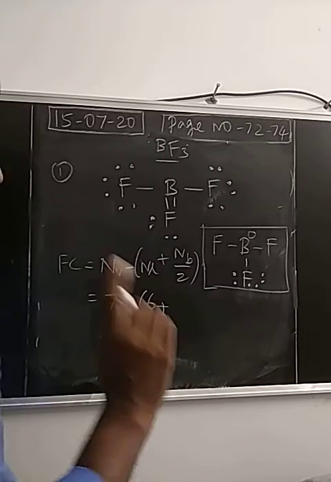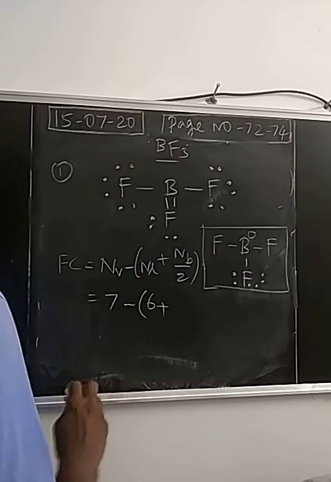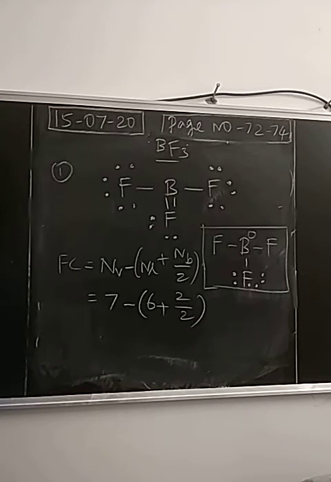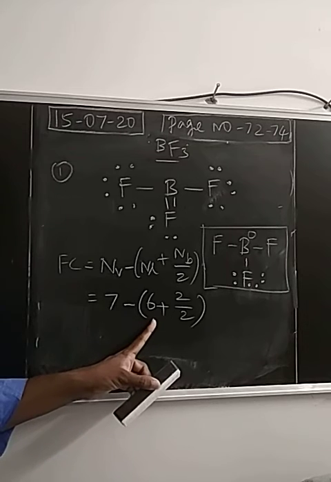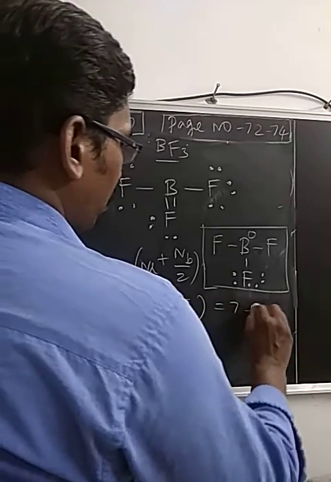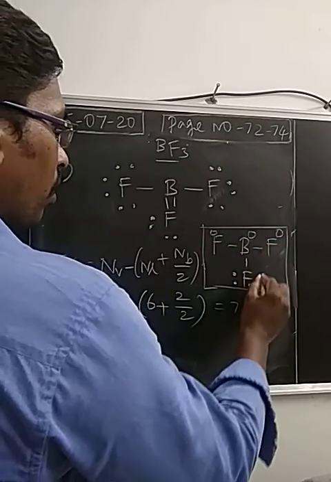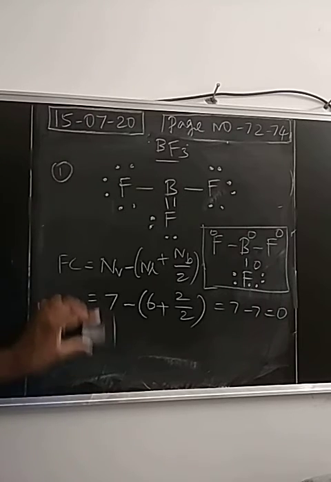Here, only 1 covalent bond, so 2 electrons are present as 1 bonded pair. So 7 minus 7, 0. For all the fluorine atoms, the formal charge value is 0.